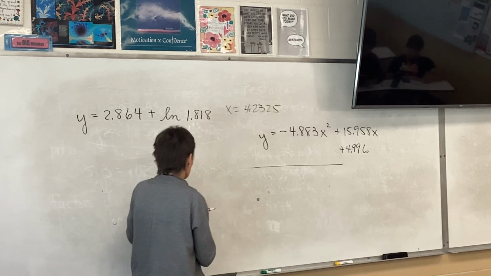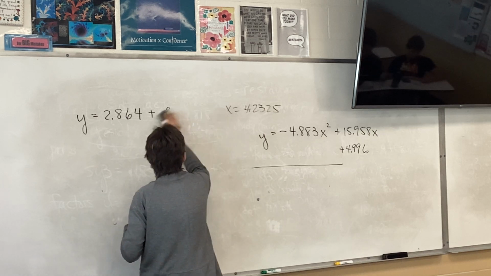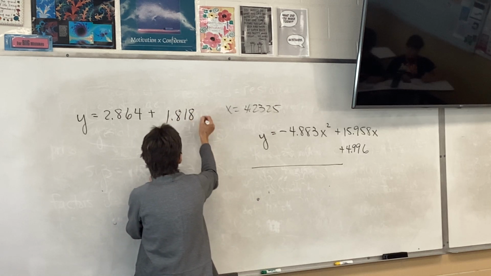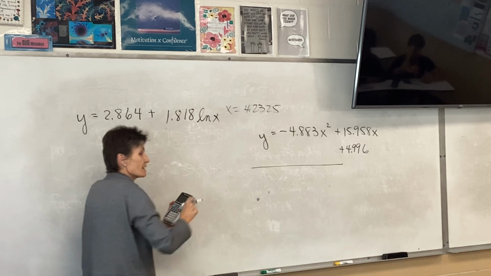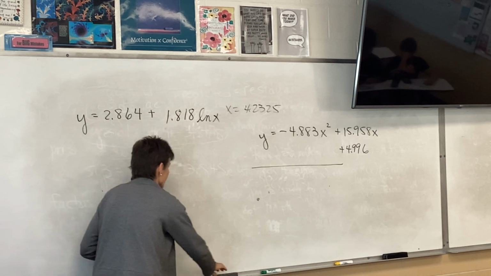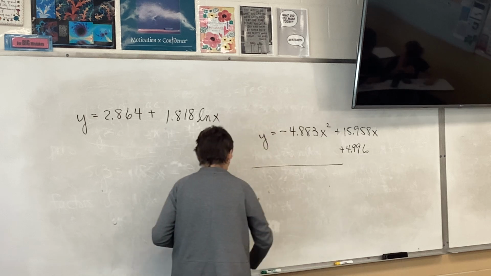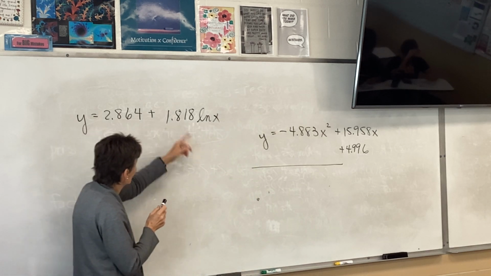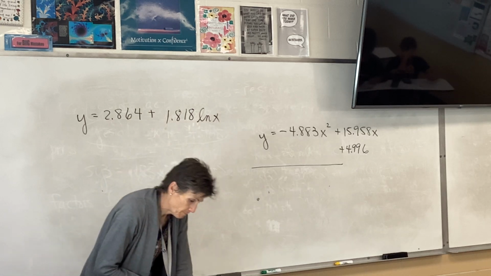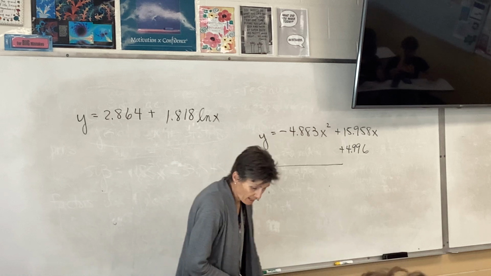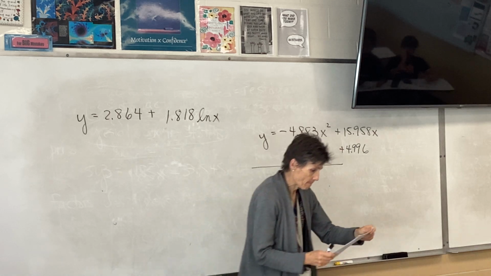Oh, wait, no, I wrote it wrong. Declan, you're exactly right. What I wrote makes no sense. This is what I have. I have to have LN of X. Yes, that is what it is. A and B are right there. All right, did everybody get that, now that I've written it right?